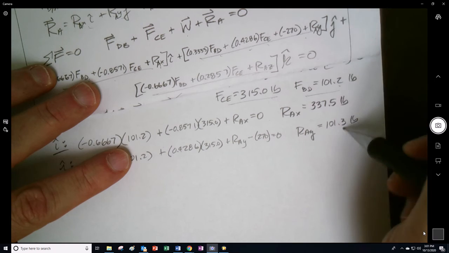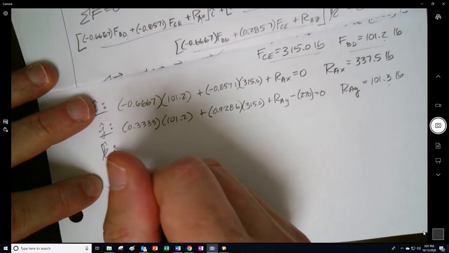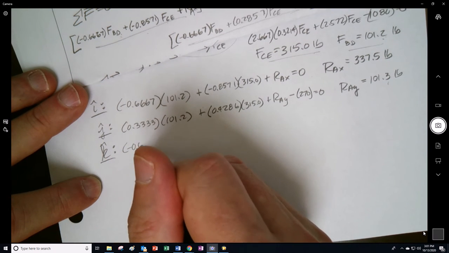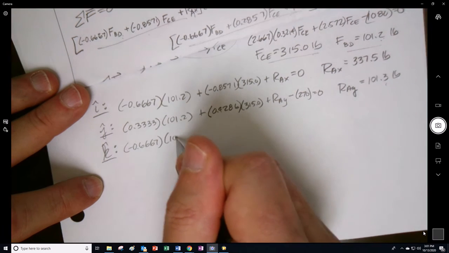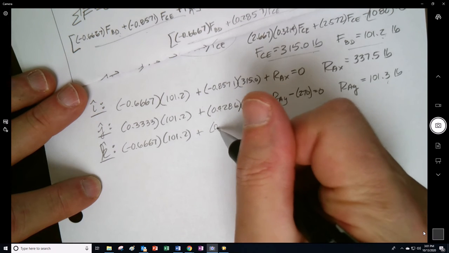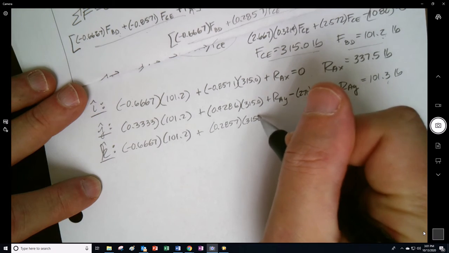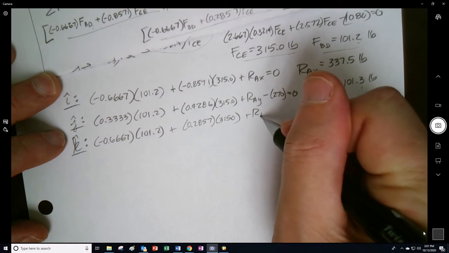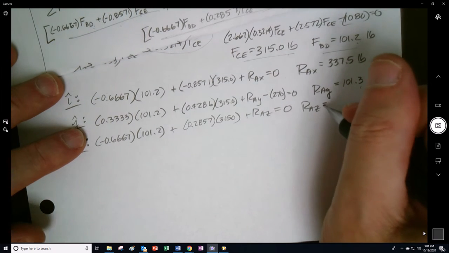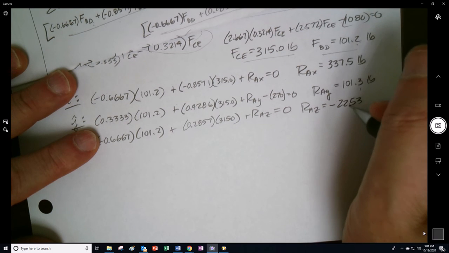It looks interesting, but maybe just a coincidence. K, and you have now negative 0.6667 times 101.2 plus 0.2857 times 315.0 plus RAZ, that equals 0. RAZ turns out to be negative 22.53 pounds.